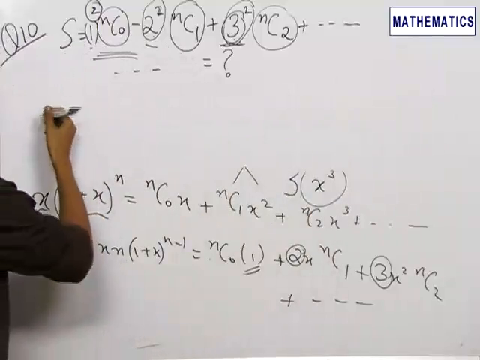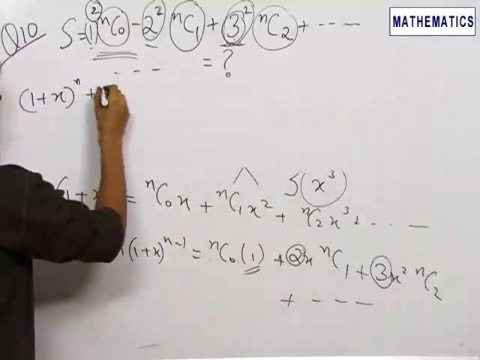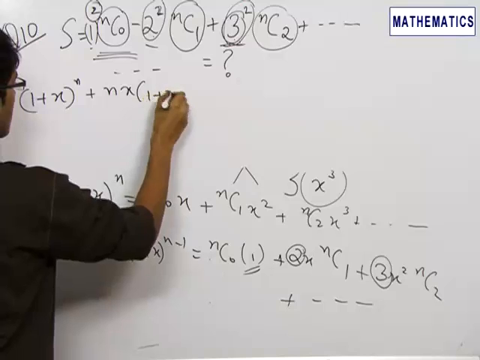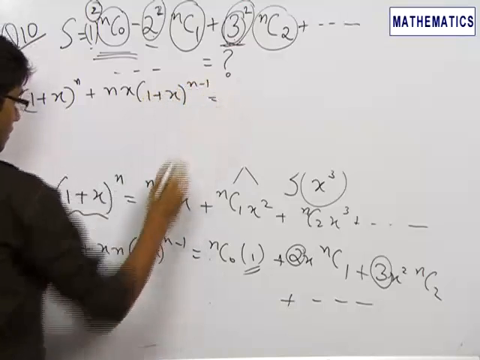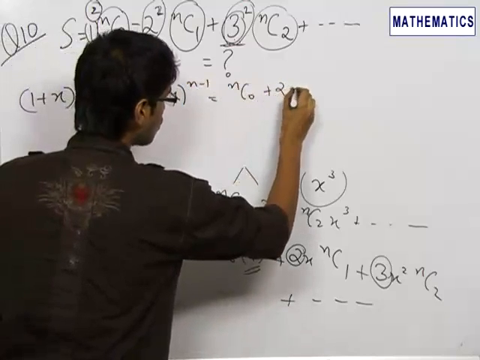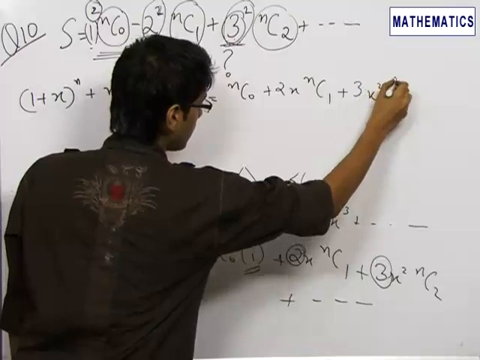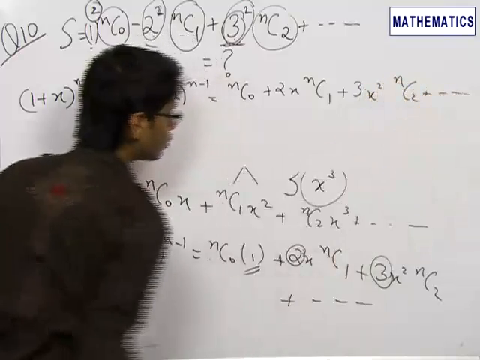Now rewriting the whole expression again, we get (1 plus x) power n plus nx into (1 plus x) power n minus 1 is equal to nC0 plus 2x into nC1 plus 3x square into nC2 and so on.